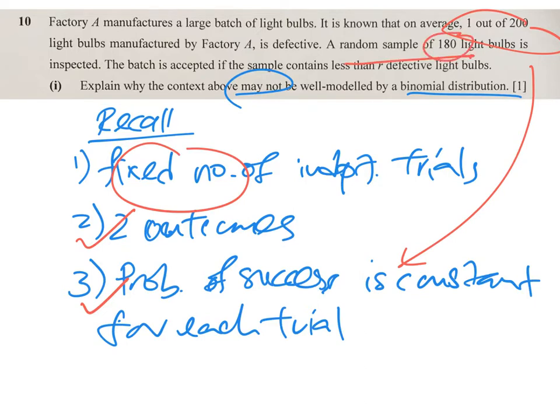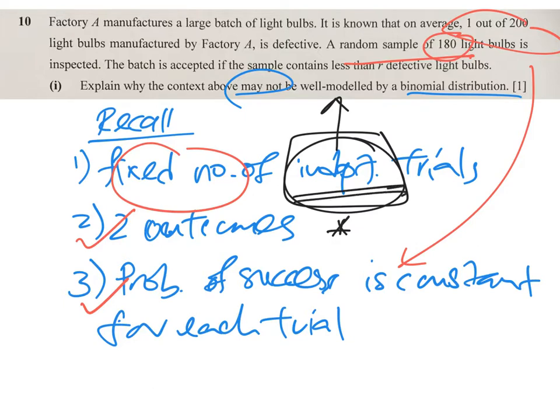Among these conditions, there is no mention of independence in the question. So we may use this to explain why the binomial distribution is not well modeled for this particular context.